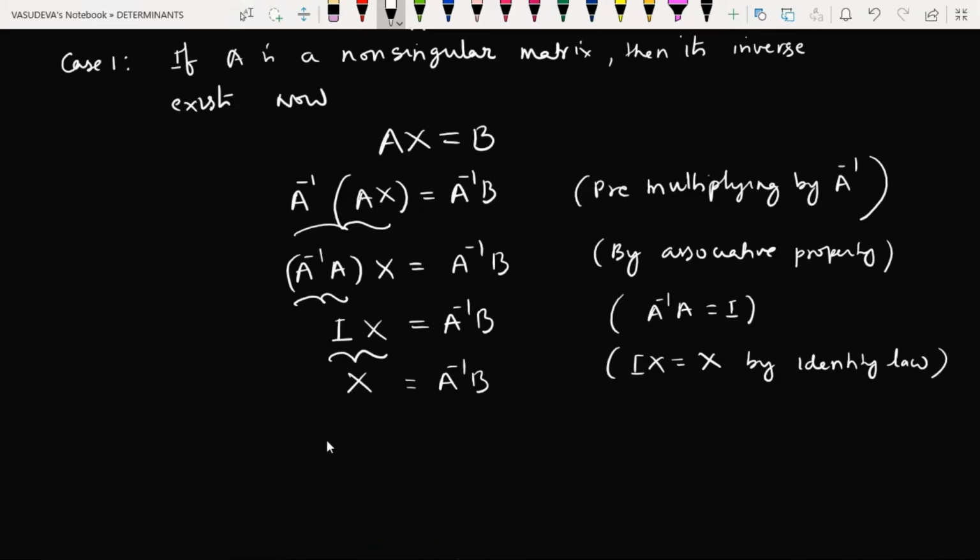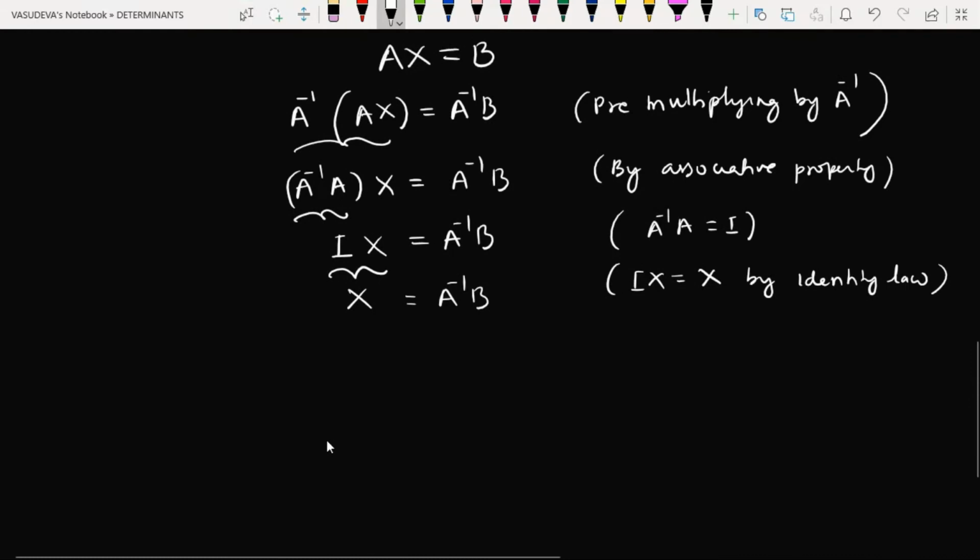So X is equal to A inverse B provides a unique solution for the given system of linear equations.